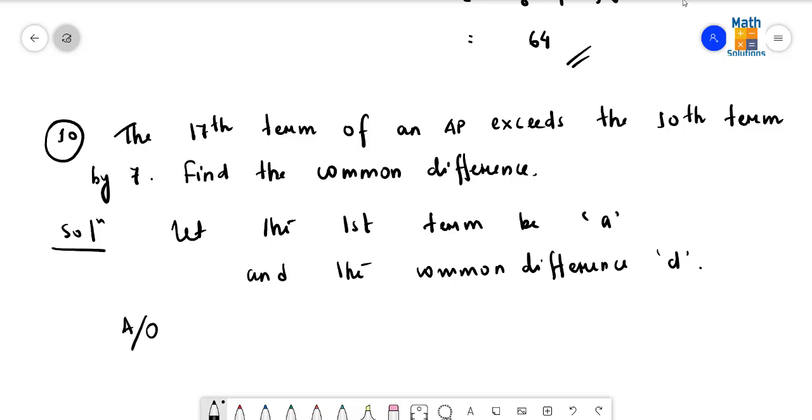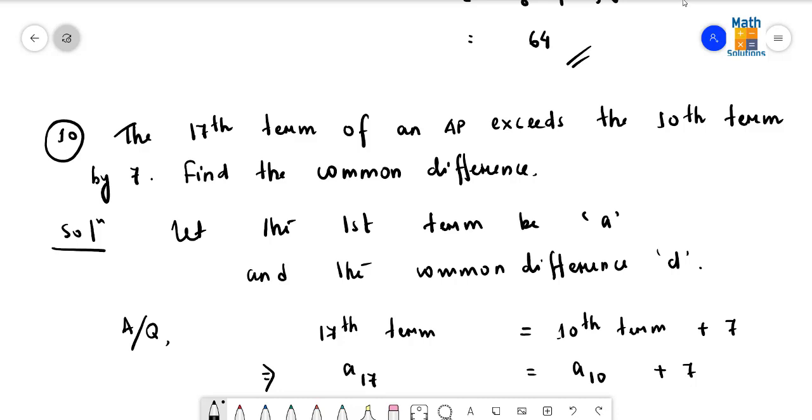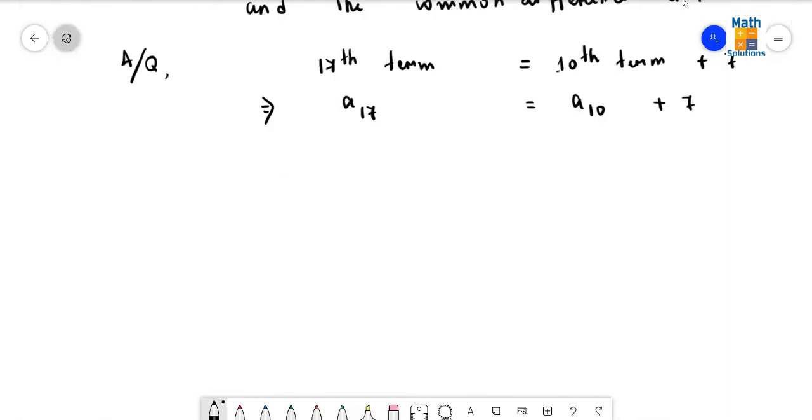According to the question, the 17th term is equal to the 10th term plus 7. That means mathematically A17 is equal to A10 plus 7. In this step I can use the general formula an, that is a plus n minus 1 d, so a plus 17 minus 1 d. Similarly a plus 10 minus 1 d plus 7.